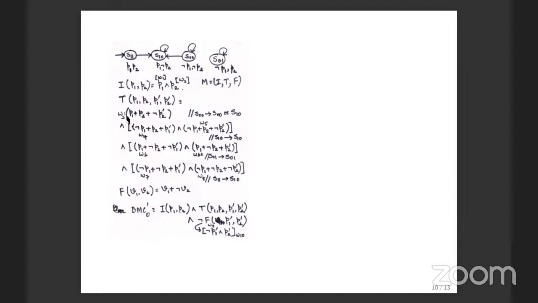What I've shown here, the transition system, I've shown in CNF form, as a conjunction of clauses. Each clause corresponds to one transition edge of the transition system.